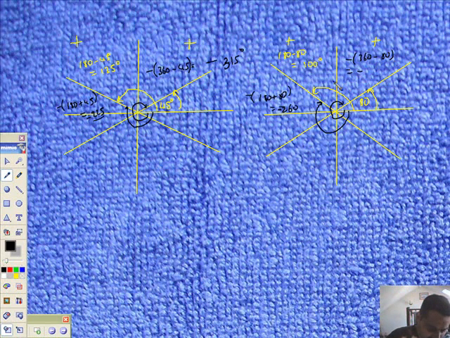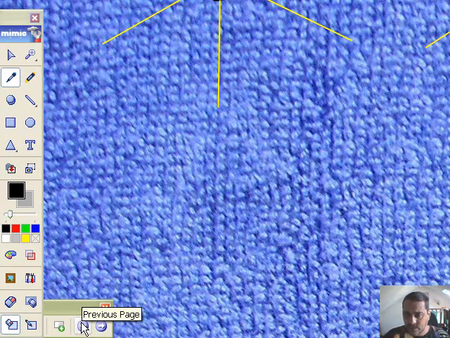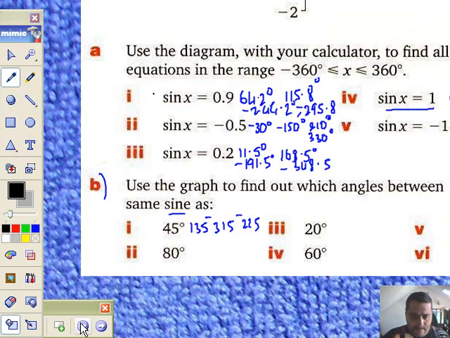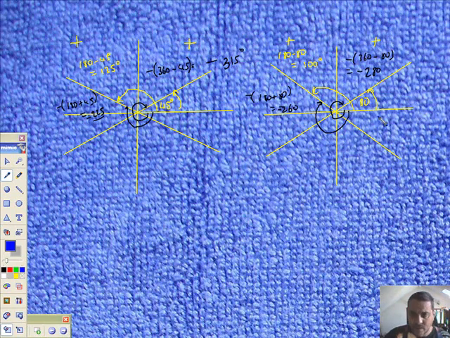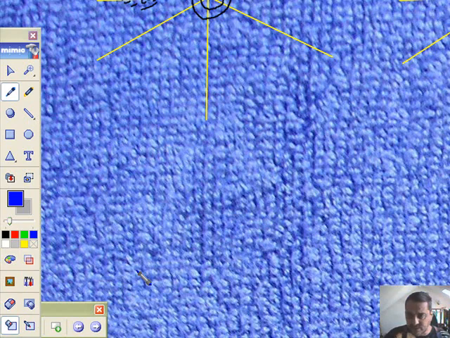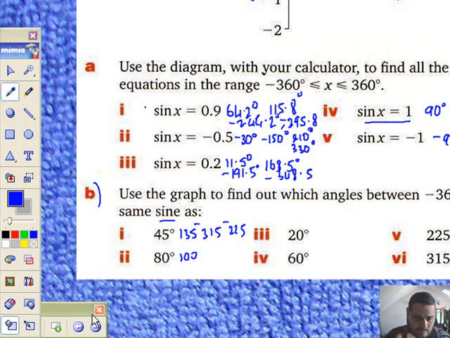So 360 minus the 80, yeah, 280. So it's negative 280. Let's just write the solutions in. So we've got 80, 100, so let's put in 100 here in blue. What else we got? We've got minus 260 and minus 280.